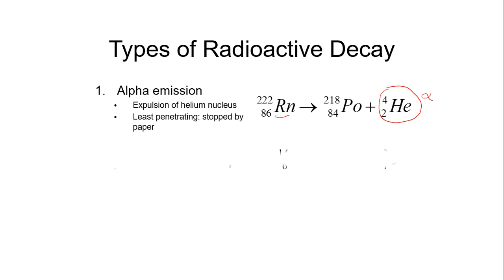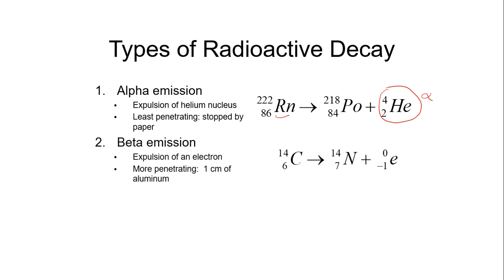Let's contrast that with a beta particle. When you have beta emission, basically what happens is you have an atom, for instance, carbon here, and then something happens in the nucleus. One neutron is turned into a proton, so your atomic number goes up, but your mass number stays the same.